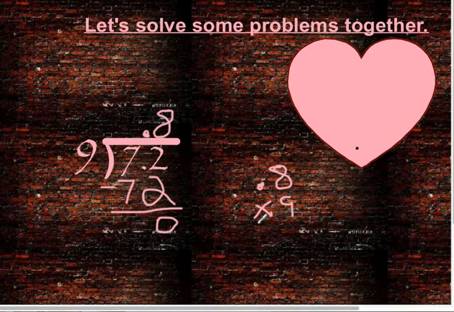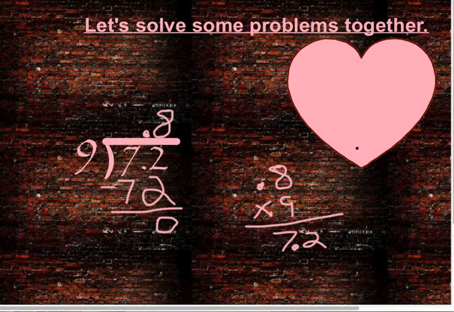And 8 times 9 is 72, right? And there is one number after the decimal point. So we're going to put the decimal point right here. One number after the decimal point. So 7 2/10 equals 7 2/10. So we should be good to go.